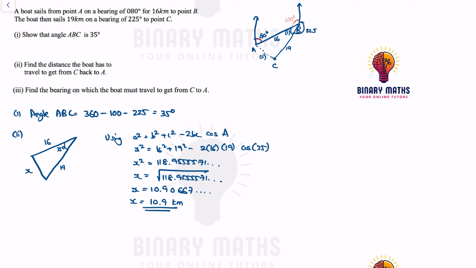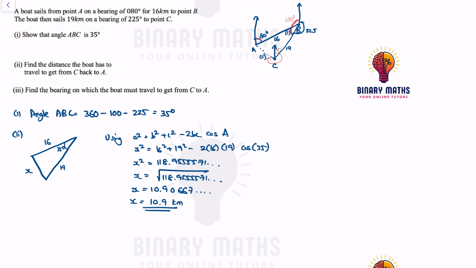Part 3 says find the bearing on which the boat must travel to get from C to A. That means I need to draw a north line, and I'm trying to find all this. So the bearing from C to A. Now I know if this is 135, then that must be 45 degrees.